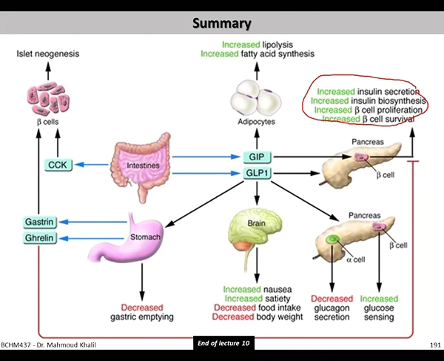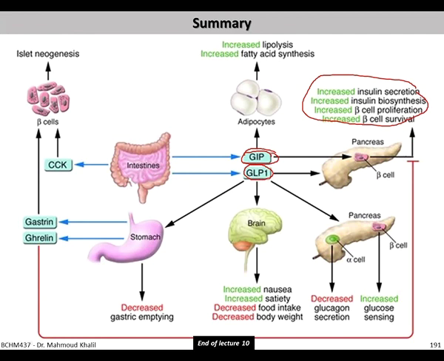These increases of insulin are promoted or activated by the effect of GIP and GLP-1. The GIP will affect the adipocytes to increase lipolysis and increase fatty acid synthesis.